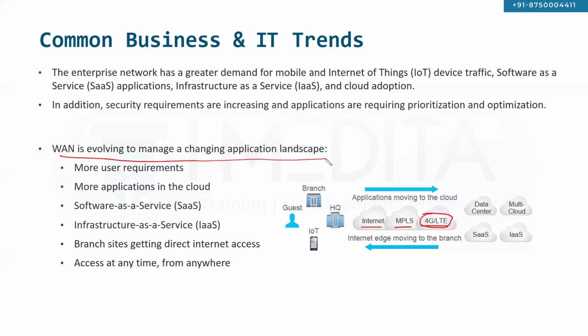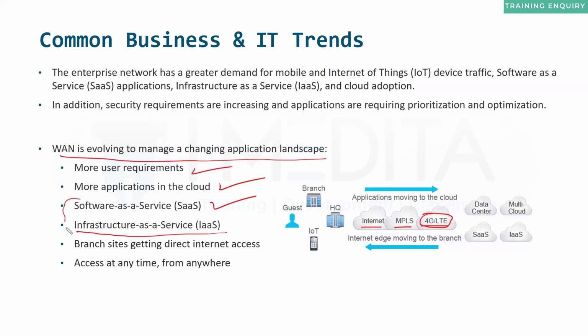Even yesterday we had this discussion that the users have got more requirements now. The applications are moving on to cloud, and you can see so many examples for software as a service, as I gave you yesterday, like Dropbox, Office 365, Box, Salesforce, Zoho, and so on. Then there is a concept of infrastructure as a service as well.